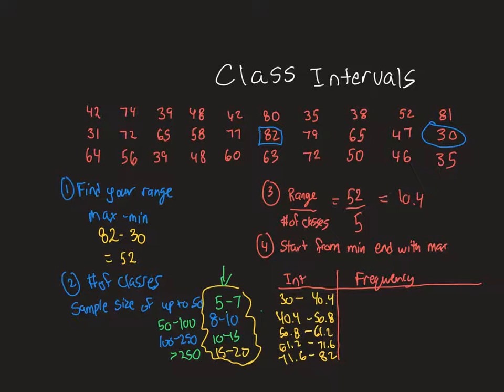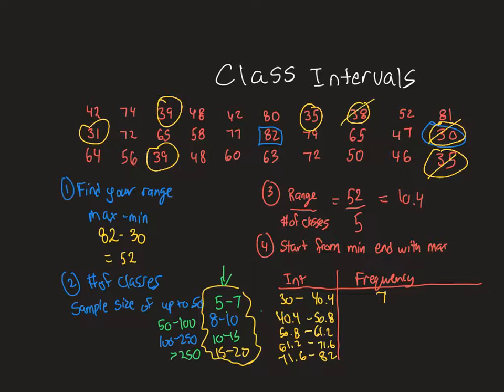So 30 to 40.4. Which numbers happen in between there? Well, 30 definitely happens. What else? 38. That's 2. That's 3. That's 4. That's 5. That's 6. We got them all. Nope, that's 7. So there are 7. Okay, so these are all gone.